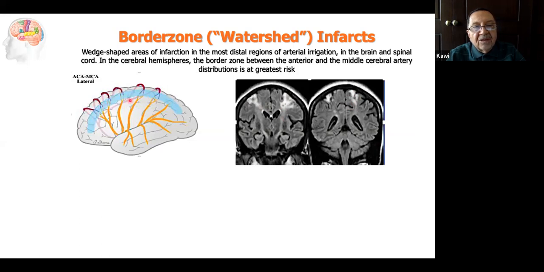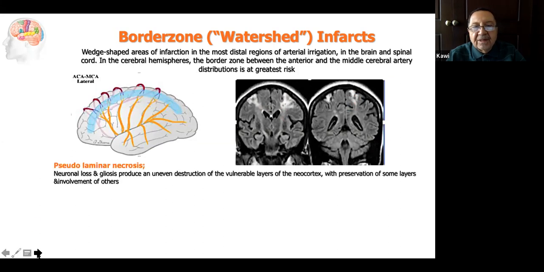So it's dependent on both arteries. It's supplied by small vessels that, although they anastomose over here, if we have a situation where there is a drop in blood pressure, then this area is the first to suffer from lack of circulation.